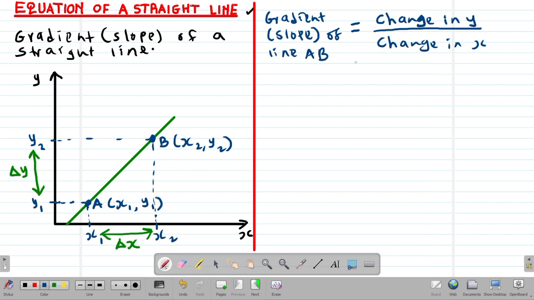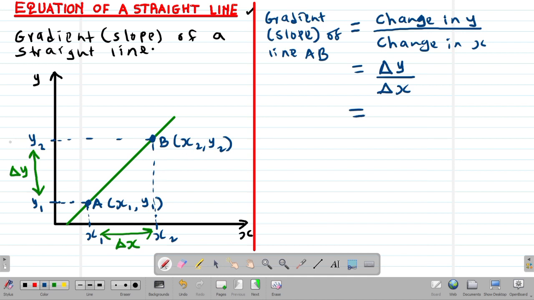This can be denoted by this particular triangle. When we talk of change, this simply means change in y divided by the change in x.